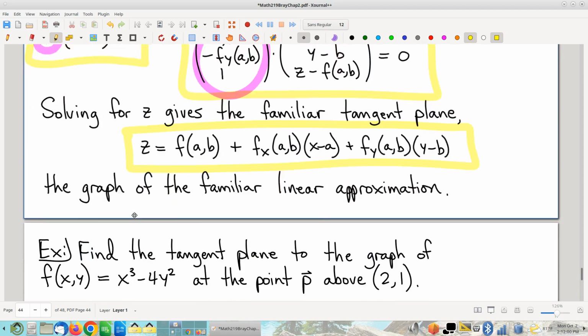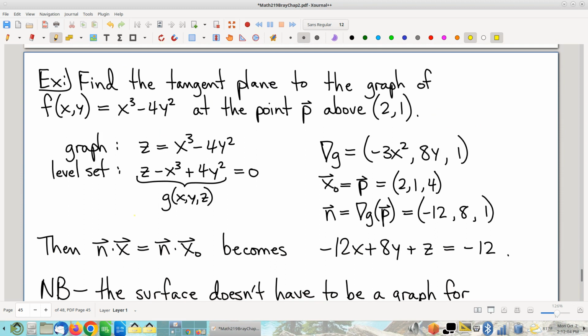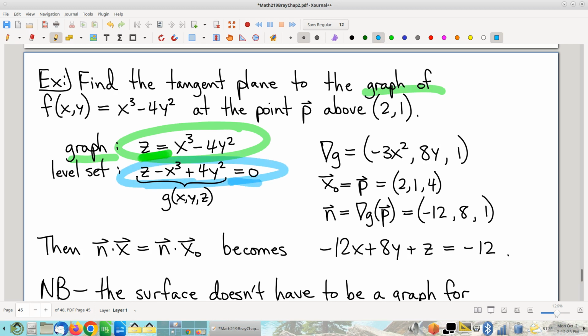Okay, the example I have here on the next page is, in retrospect, I think kind of a silly example. It does literally exactly what we did on the previous page. I start off by looking at a graph, and I just reinterpret it as being a level set in the usual way.